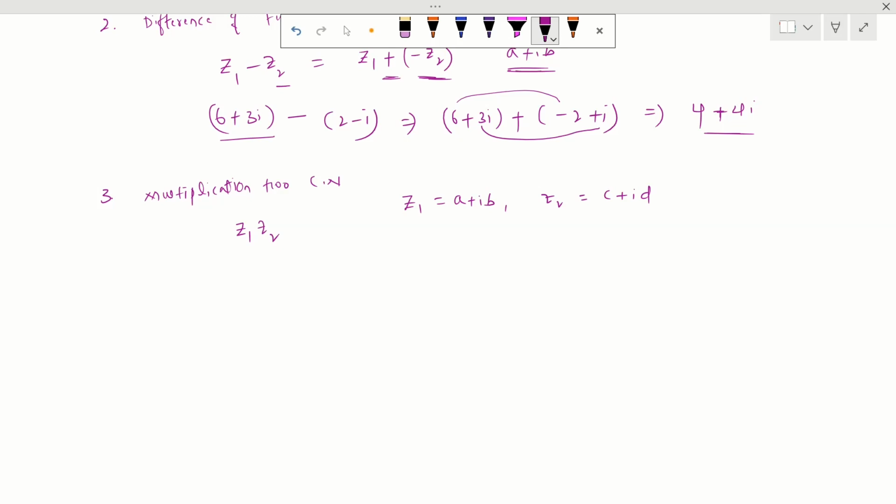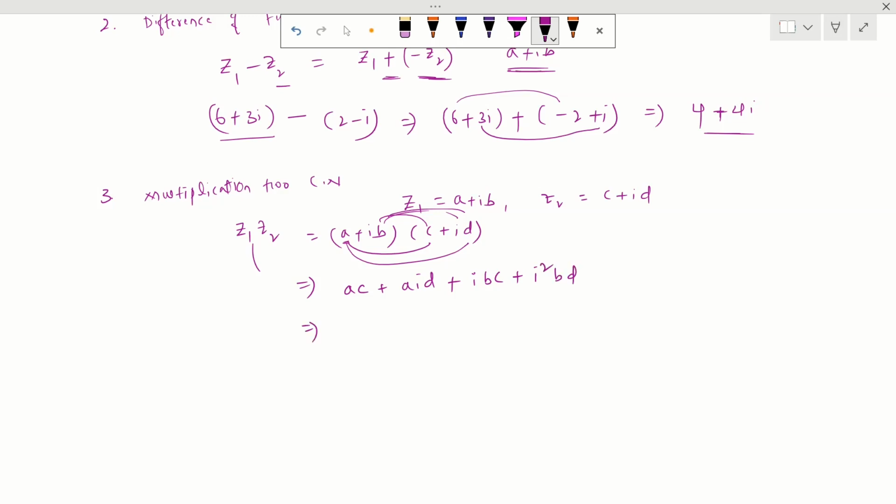When we multiply z1 into z2, that is a plus ib into c plus id, we multiply the first term with the first and second terms: ac and iad. Then the second term with the first and second: ibc and i square bd.